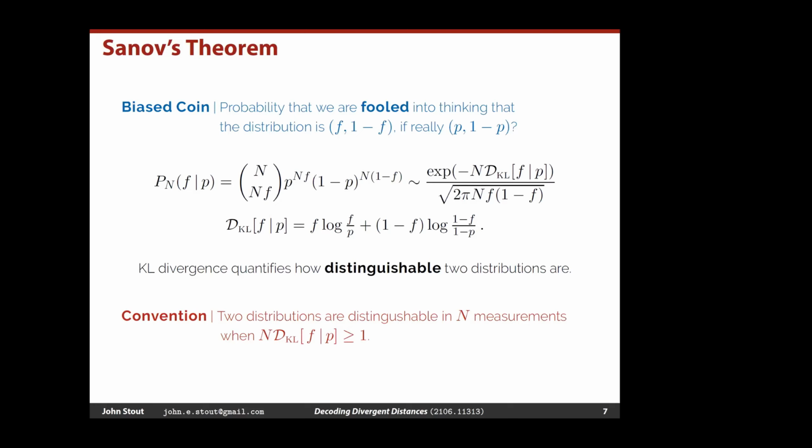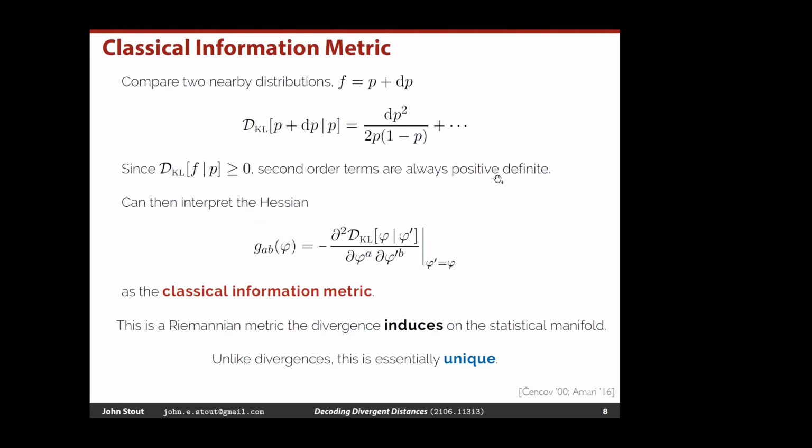So there's a convention that we can say that two distributions are distinguishable in n samples or n measurements if n times the KL divergence is greater than 1, just so that we're on the downward slope of this Gaussian peak. Okay?